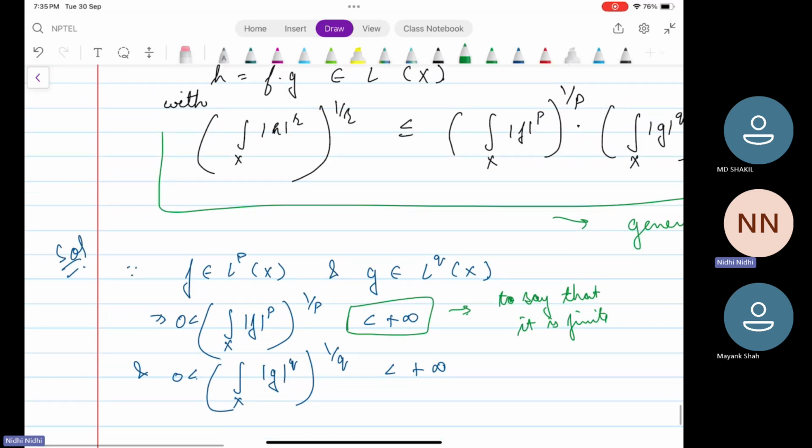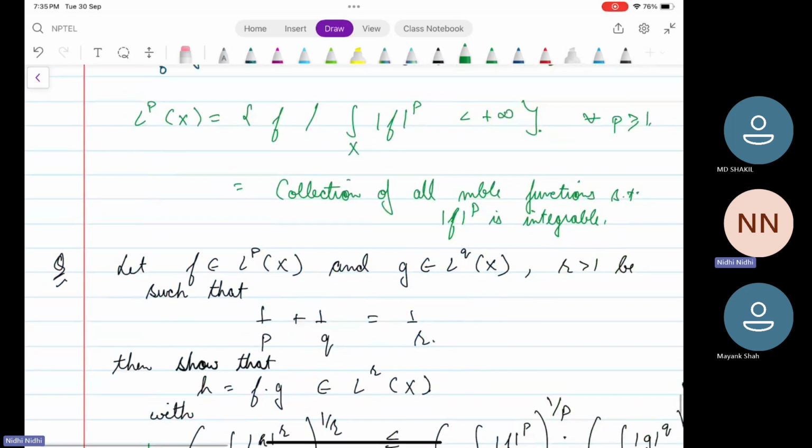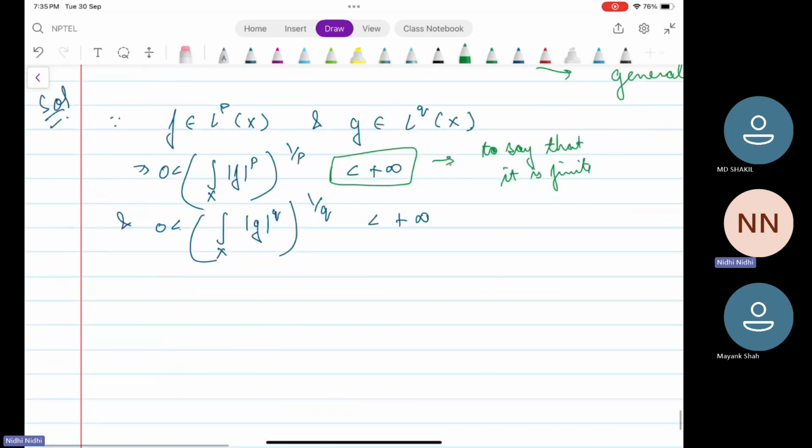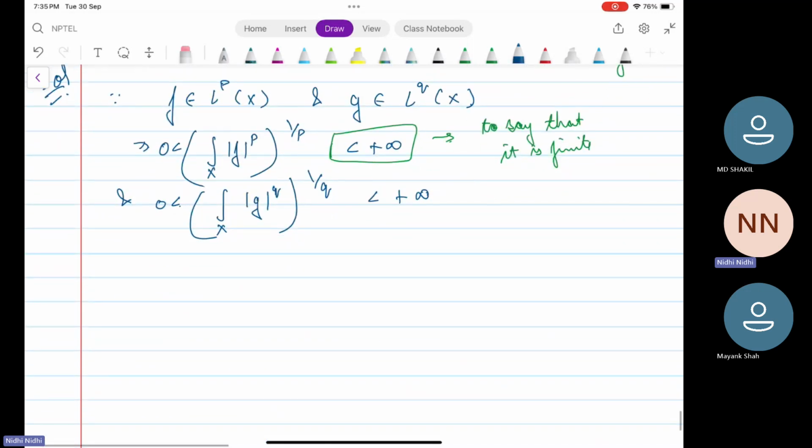And see the definition of L^p space: since f belongs to L^p, that means |f|^p is integrable, that means this integral is finite. Clear? Yes, ma'am. Okay. So yeah, these are finite.